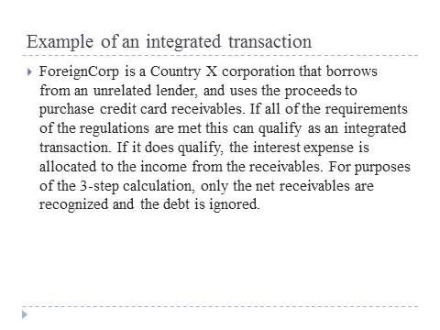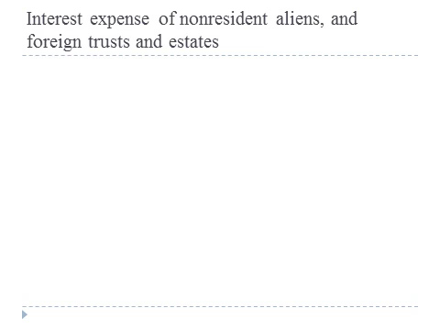Foreign Corp. is a Country X corporation that borrows from an unrelated lender and uses the proceeds to purchase credit card receivables. If all of the requirements of the regulations are met, this can qualify as an integrated transaction. If it does qualify, the interest expense is allocated to the income from the receivables. For purposes of the three-step calculation, only the net receivables are recognized and the debt is ignored.